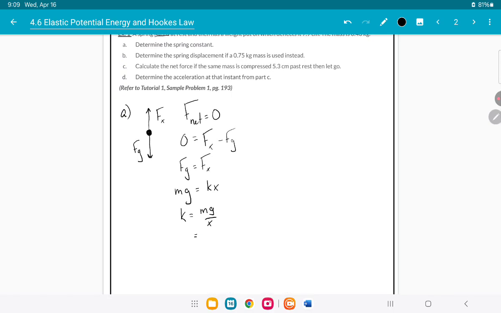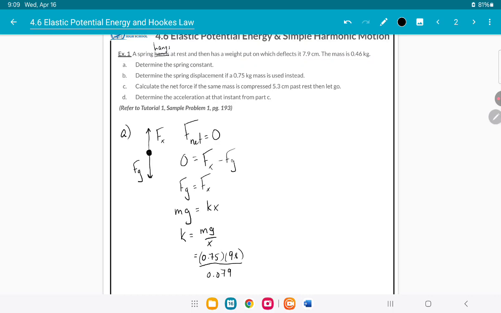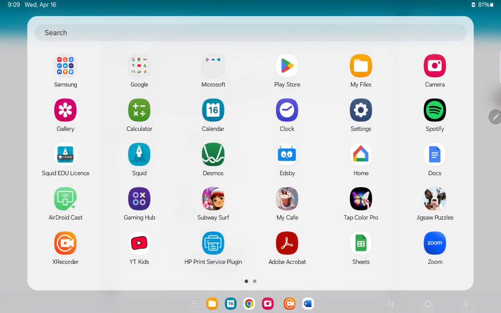So we get 0.75 times 9.8 all over 0.079. I think that's the deflection. There you go. Don't forget to convert to meters. Alright, I haven't done the calculations ahead of time. I think we need it for the next step in here.